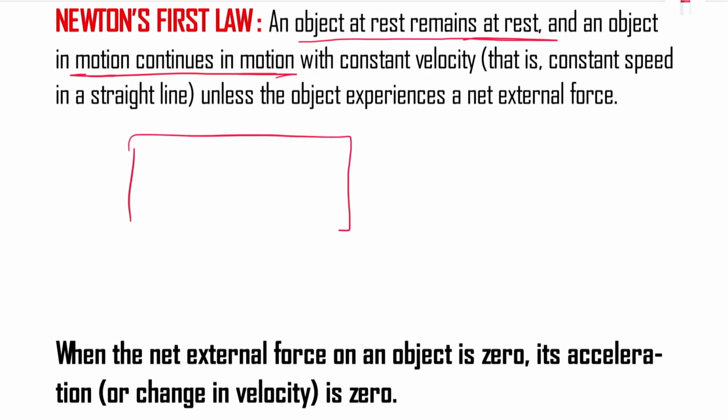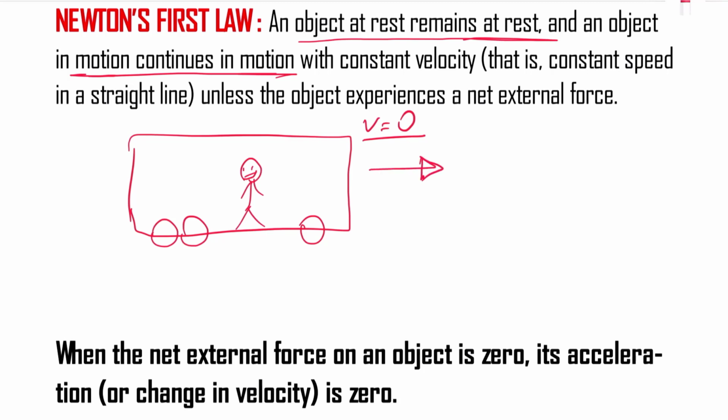Let's say this is a bus, and there is one guy in the bus. If the velocity of the vehicle at first is 0, that means it's not moving. When the vehicle starts moving in the right direction, what will happen if the guy is standing up? He might move in the opposite direction.